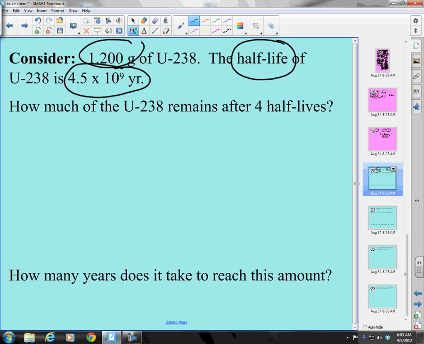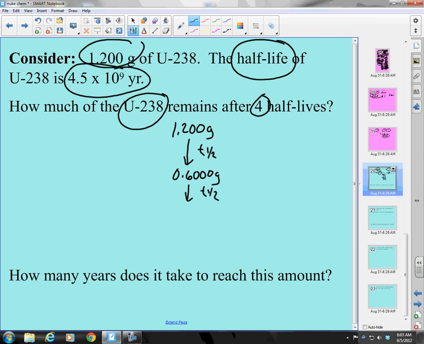How much of my uranium-238 remains after 4 half-lives? What do I start with? I start with 1.200 grams, right? So after 1 half-life, what's left? 0.6000 grams, right? After a second half-life, what's left? 0.3000 grams.